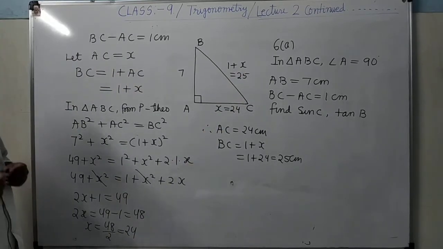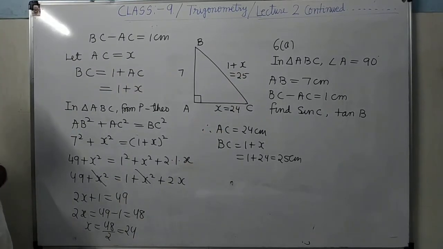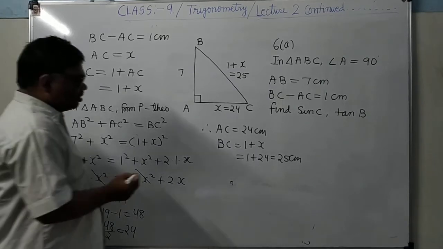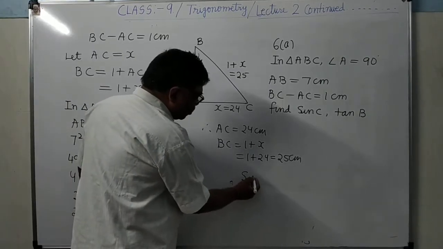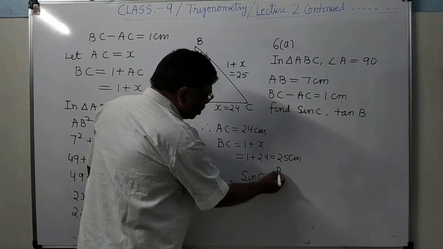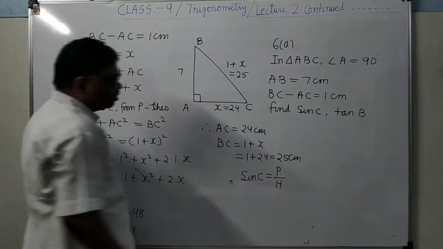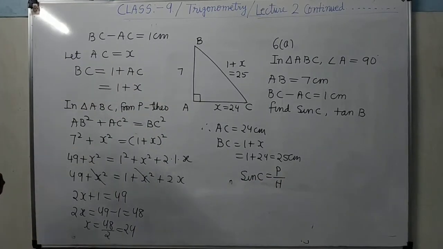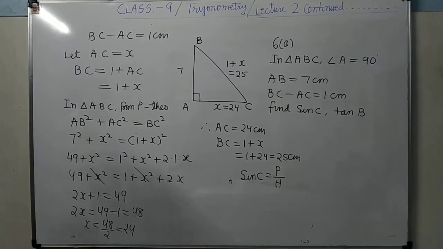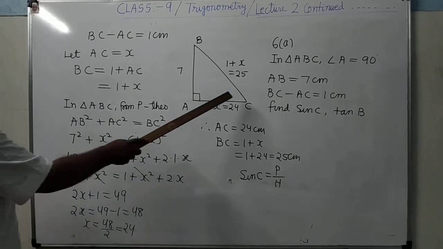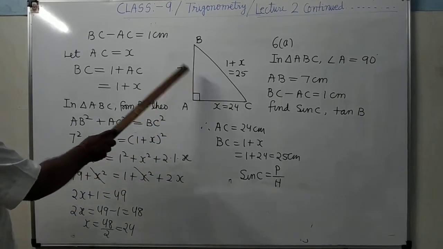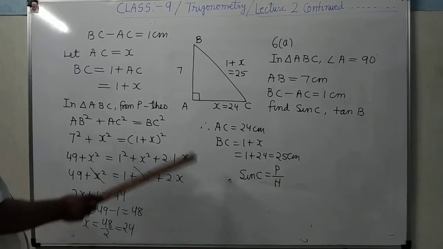Now after this you have to determine sine of angle C. As we know, sine means perpendicular upon hypotenuse. First see what is the perpendicular with respect to angle C. With respect to angle C, this one is the perpendicular.